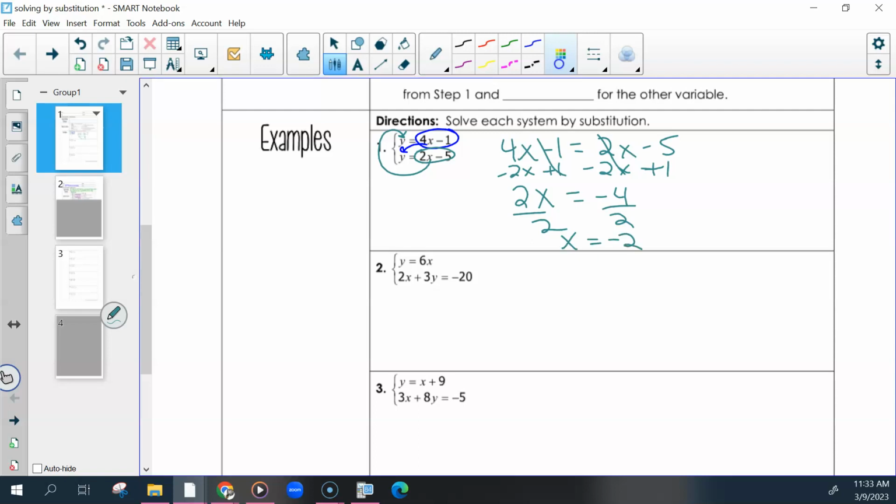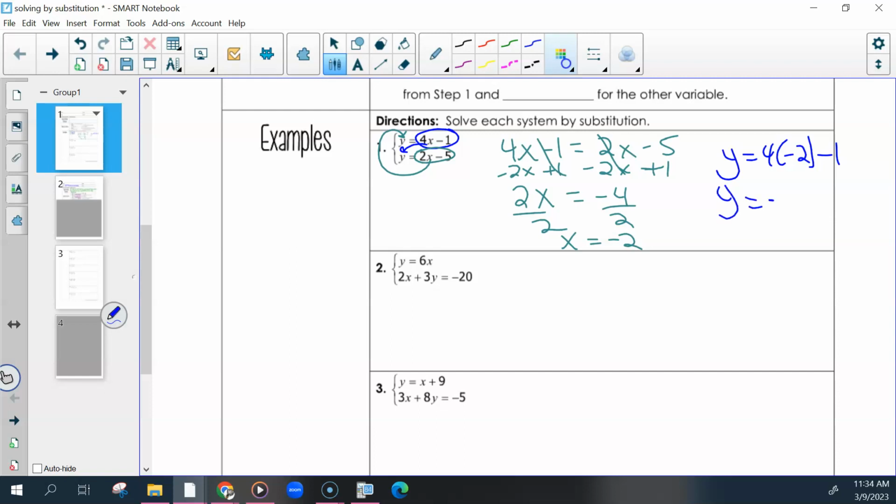That's only part of it though, because we only solved for x. We still have to solve for y. So you're going to take this value and put it into one of these, not both, but either or, doesn't matter. So where x is, you're going to put this value in and solve for y. Let's say I chose the first one. I would put in negative 2 and begin to solve for y.